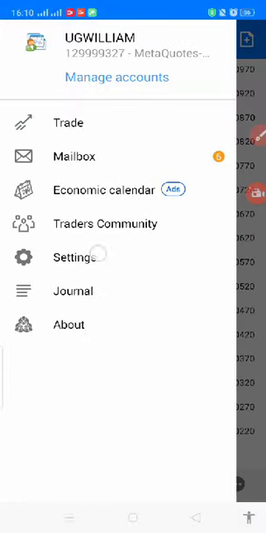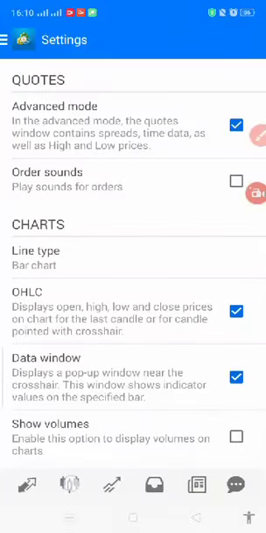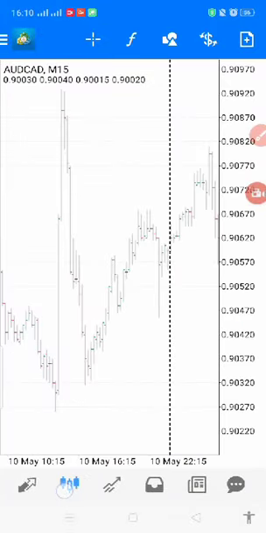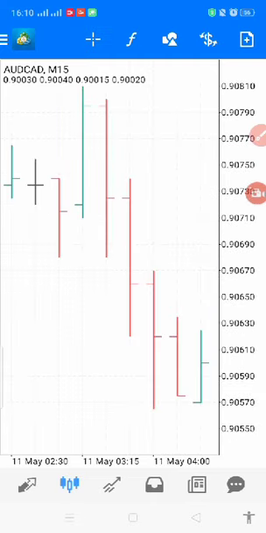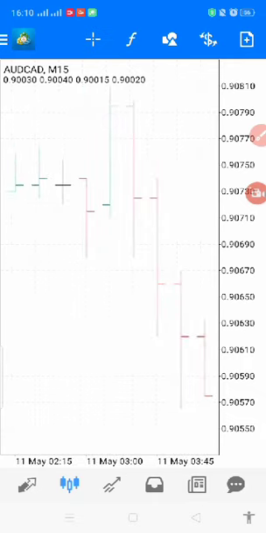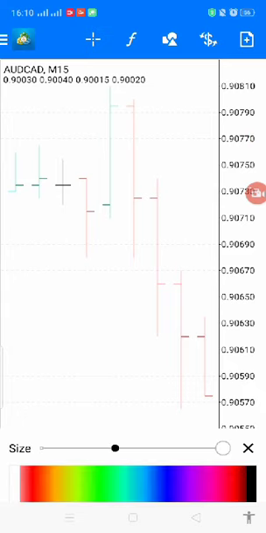So go back to settings. I'll click on line type. I'll go to bar chart. You open it up down here, click down into the chart directly. It shows you bars rather than candlesticks. Now these bars, sell candles, they open from the left and close at the right.